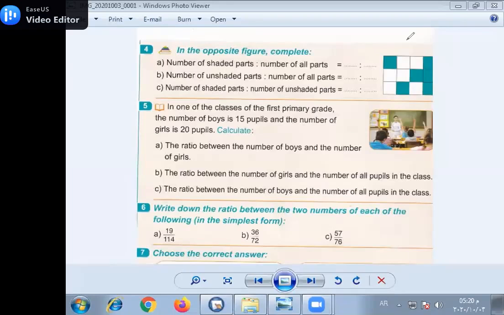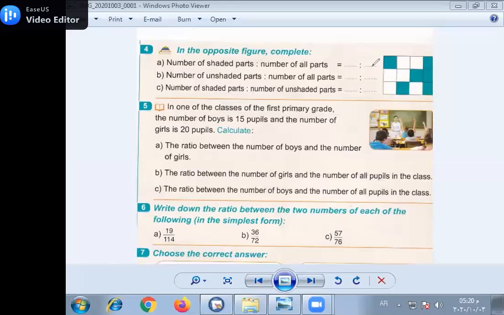Number of shaded parts. 6. Yes, it's 6. And what is the number of all the parts in this shape? 12. So the ratio will be 6 to 12.